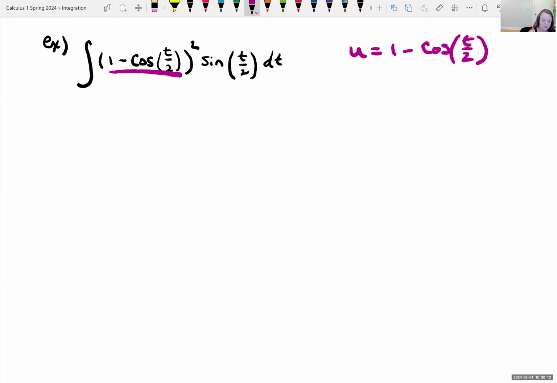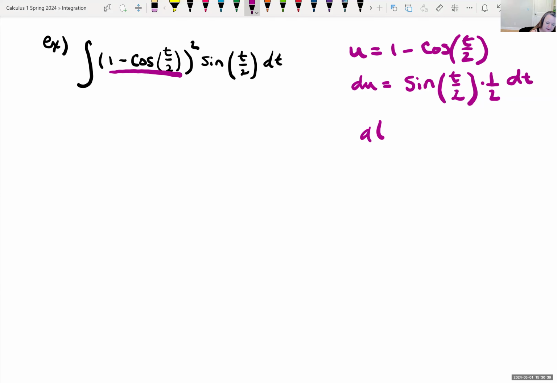So taking the derivative of both sides, derivative of u, I get 1 du equals the derivative of 1, which is 0. The derivative of negative cosine is positive sine of the inside, because I need to use the chain rule, t over 2, times the derivative of the inside, which is 1/2 dt.